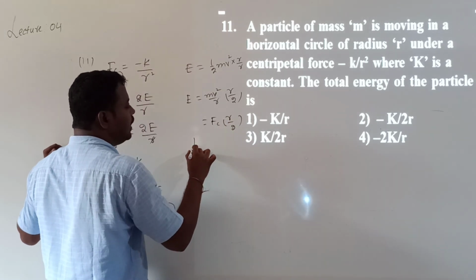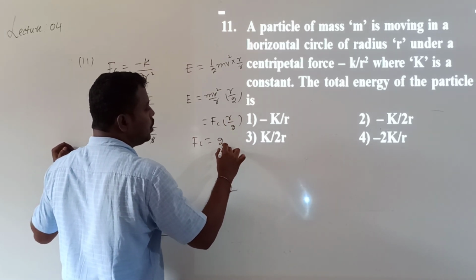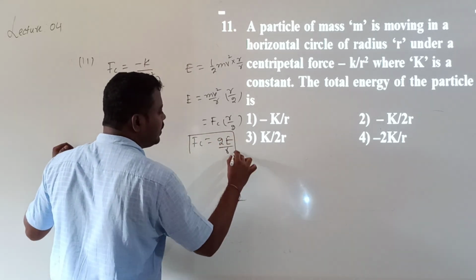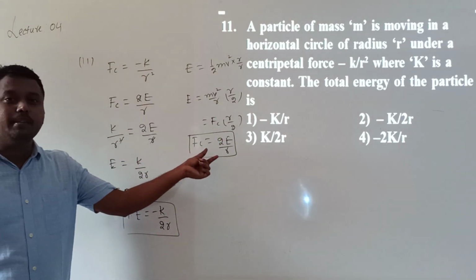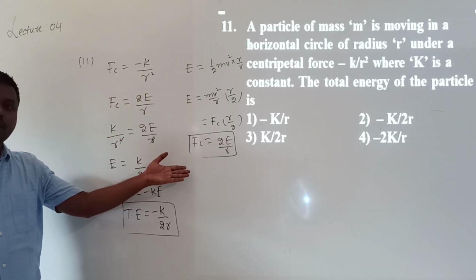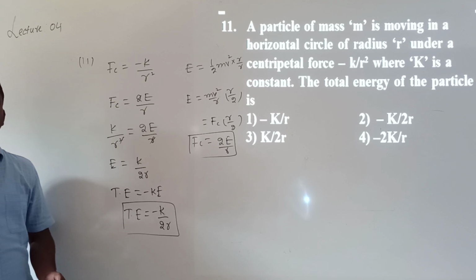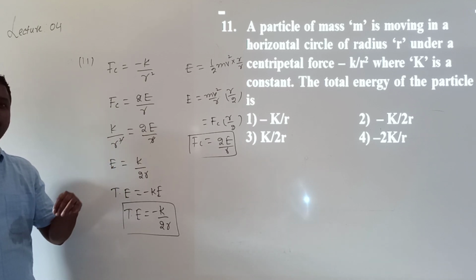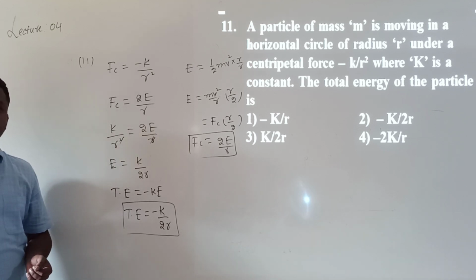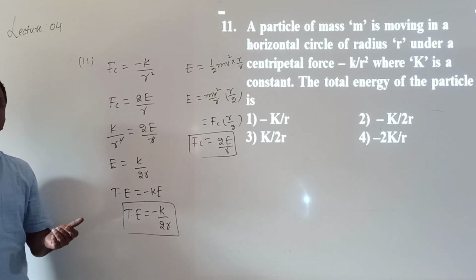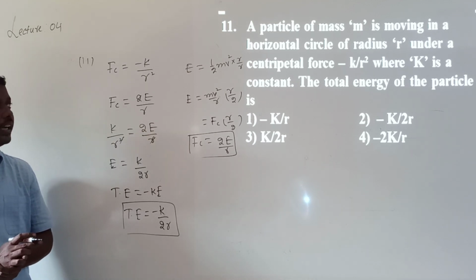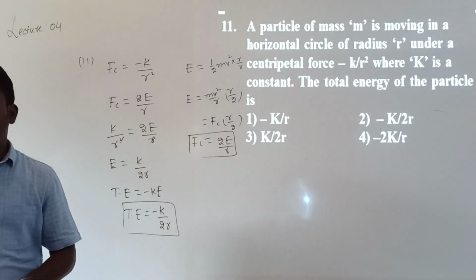Then Fc is equal to 2 into E divided by R. If I know this concept, I can directly do it; if I don't know, I need to derive it. That is the use of the concept. When you know the concept clearly, because in objective questions you need to complete within only 1 minute, in order to save time you should have a proper grip on your concept. Okay? So that is question number 11.